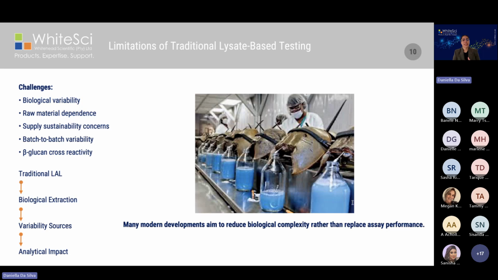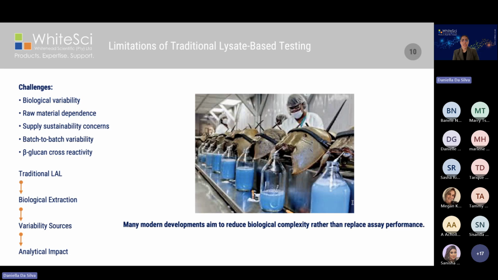It is important to note that while traditional LAL assays have served the industry exceptionally well for decades, biological systems naturally introduce certain challenges. Because lysate is derived from a biological source, there can sometimes be variability between reagent lots. Supply considerations and sustainability concerns have also become increasingly important topics within the industry.